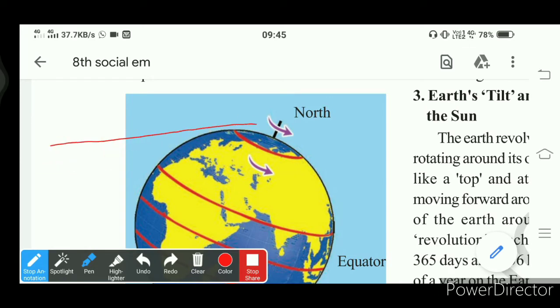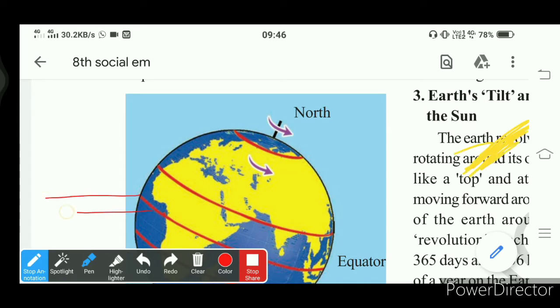You see that as the rays go like this, in that portion there is an angle, right? Some angle is there because of the spherical shape, understand? And this angle goes on increasing going to the poles, right?